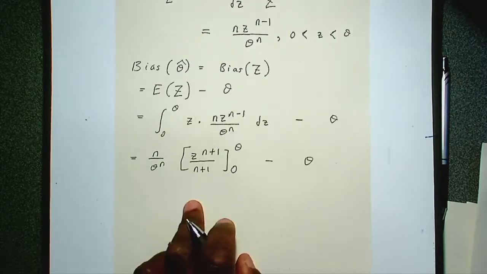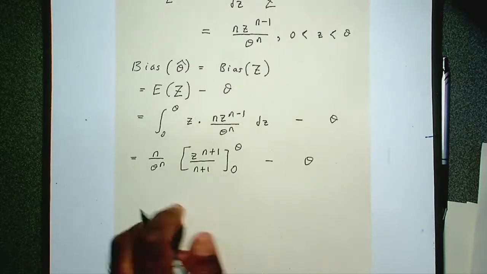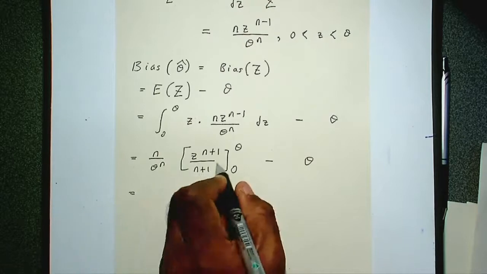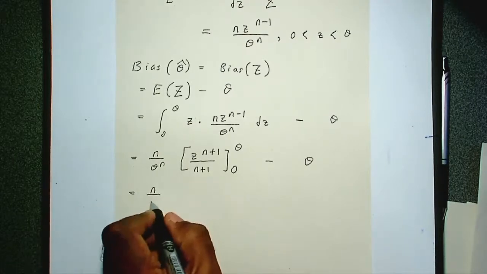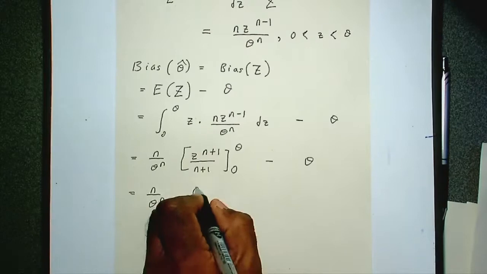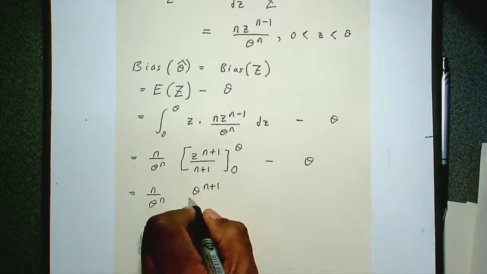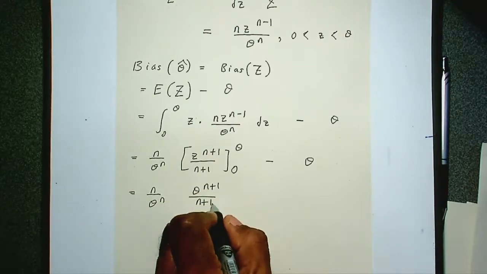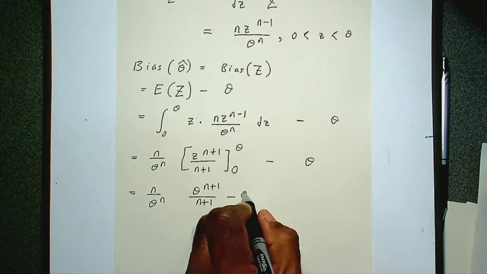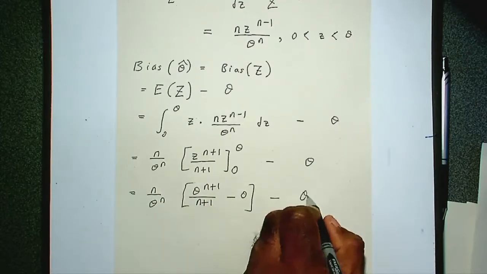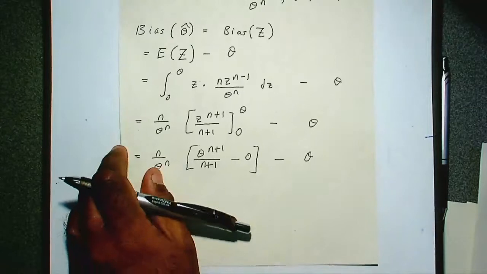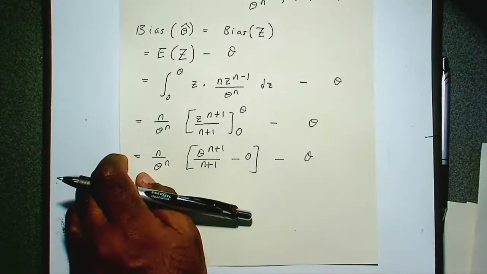Correct me if I'm wrong, quite possible. Now the limit at theta is theta to the n plus 1 divided by n plus 1, and the limit at 0 is 0. You with me, guys?